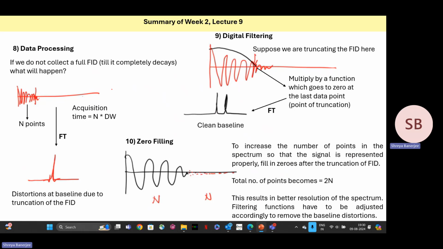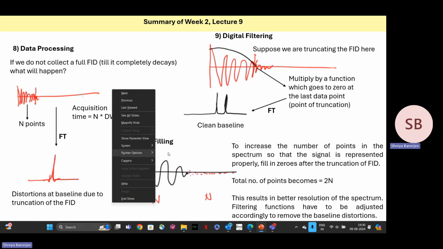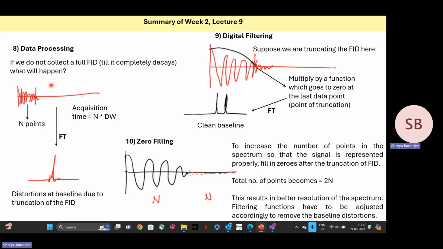Then there are certain things like data processing. Suppose in an FID, we are not collecting the full FID.